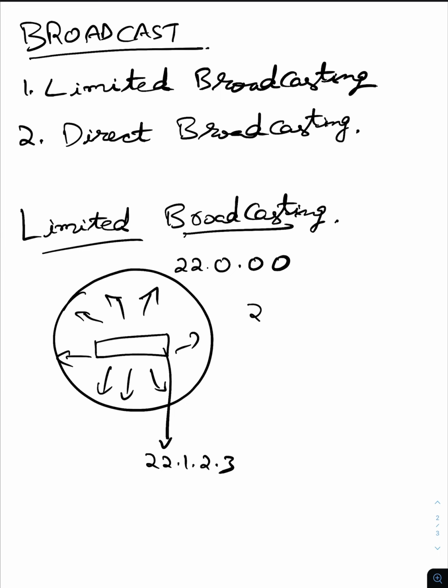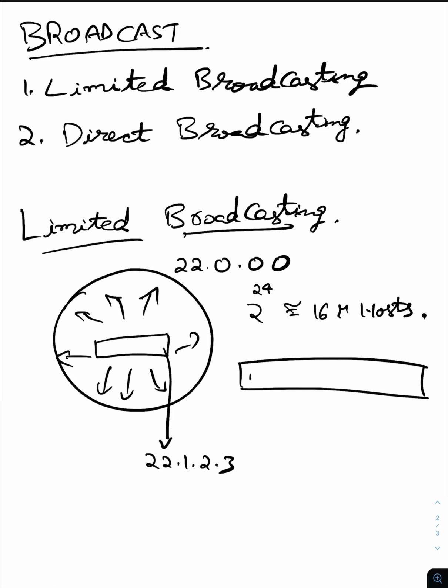Since it is a class A network, how many hosts do you have? It's 2 power 24, which is approximately 16 million hosts. So you want to send a packet to 16 million hosts in the same network, then it's limited broadcasting.